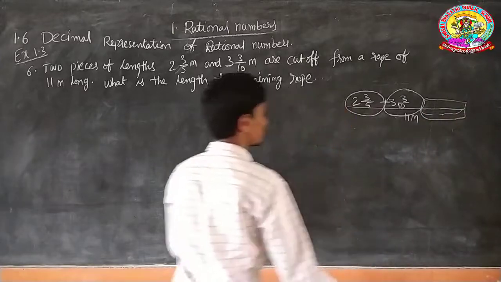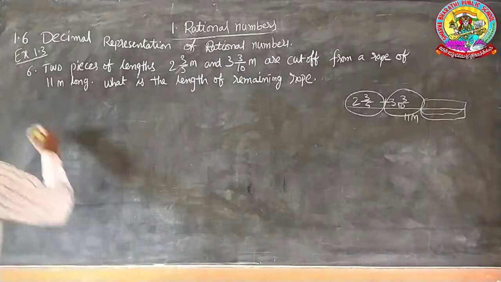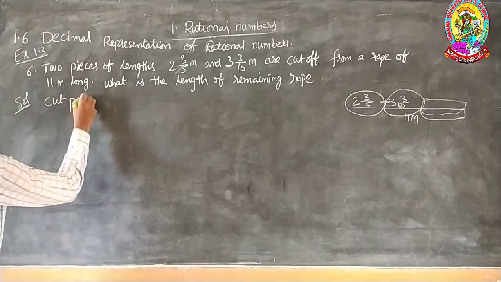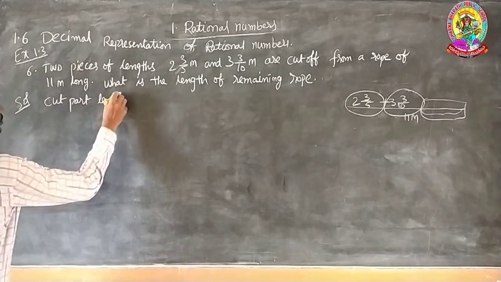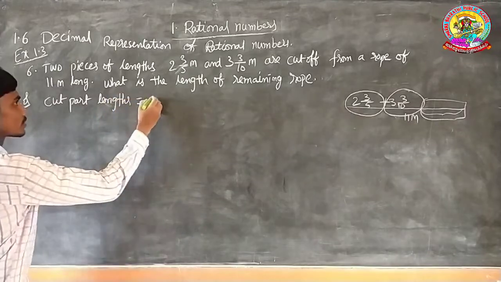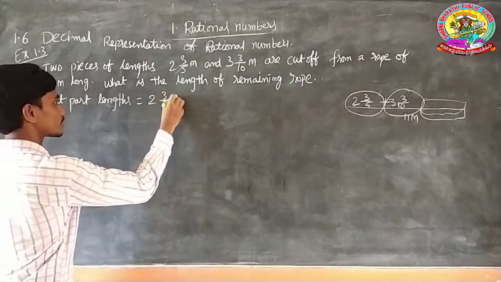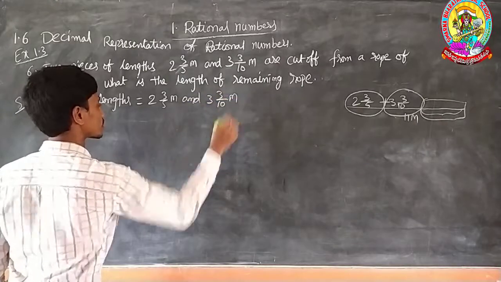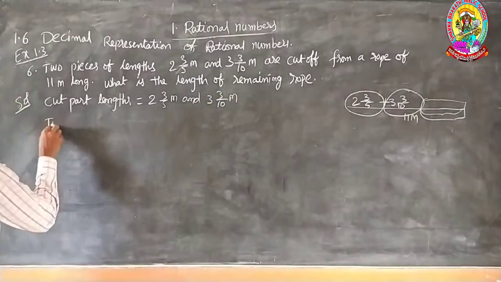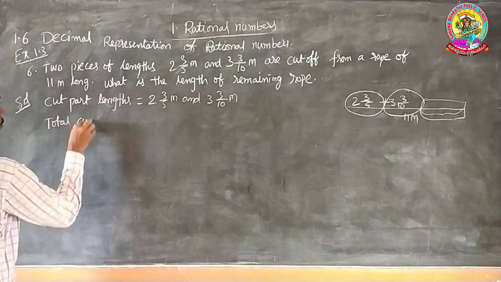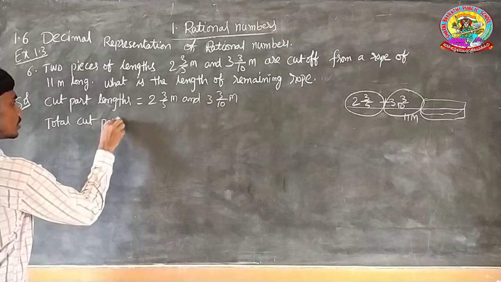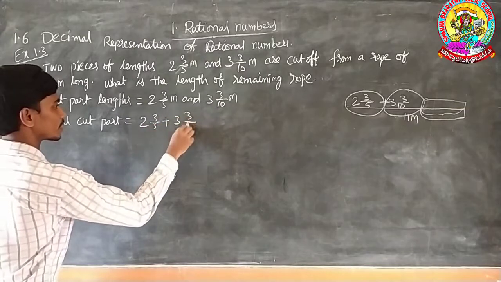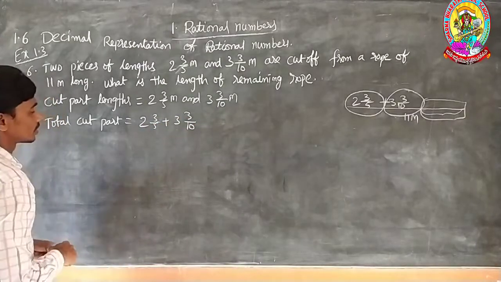So now the solution: cut part length is equal to 2 3 by 5 meters and 3 3 by 10 meters. Total cut part is equal to 2 3 by 5 plus 3 3 by 10 meters.